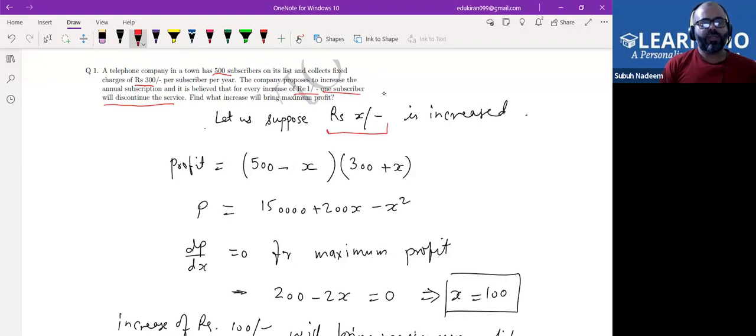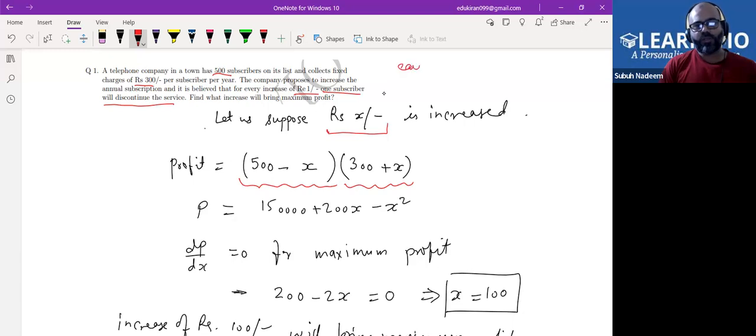So if we increase the amount by X rupees, X subscribers will discontinue the service. So the number of subscribers will be 500 minus X. These are the new subscribers. And the amount is now 300 plus X. So profit is number of subscribers into price per subscriber. So we have to multiply this.